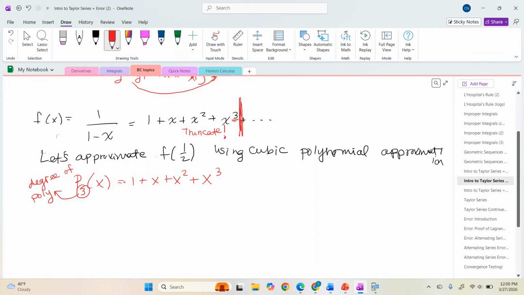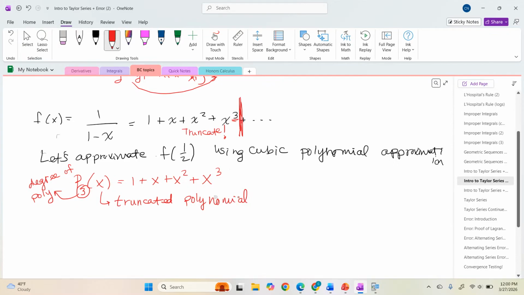So P sub 3 is equal to this. Now, I can't put the dot, dot, dot after because that's not technically right, because the third degree Taylor polynomial doesn't keep going. It stops at that. So we're going to call this our truncated polynomial, and we're going to use the word truncated kind of a lot, and it just means a shortened polynomial.